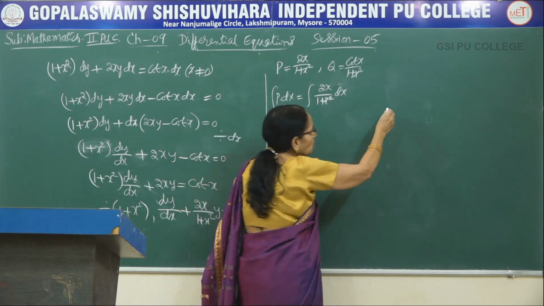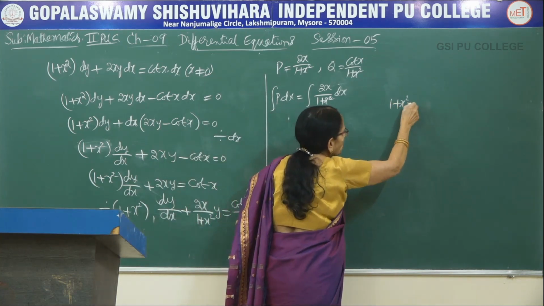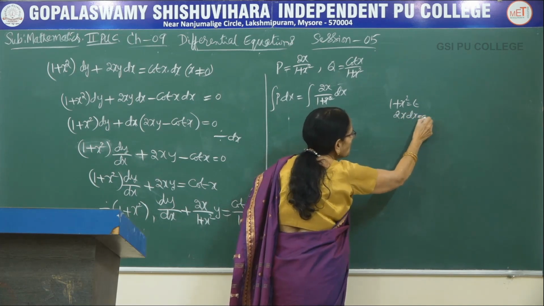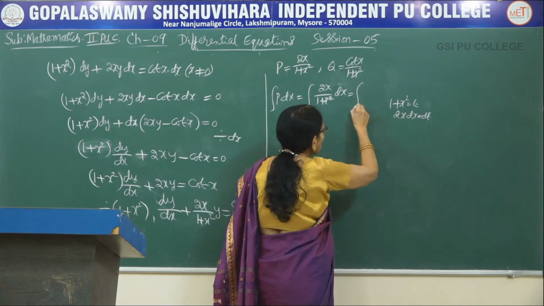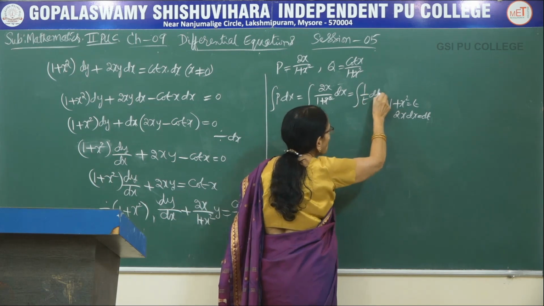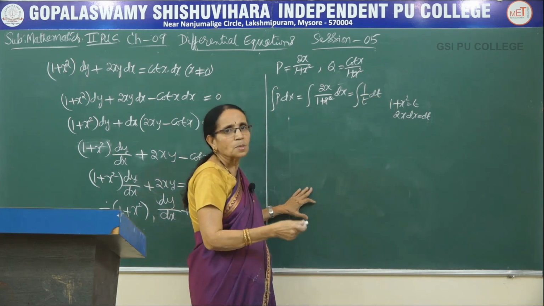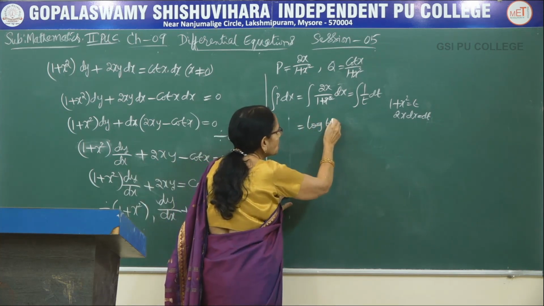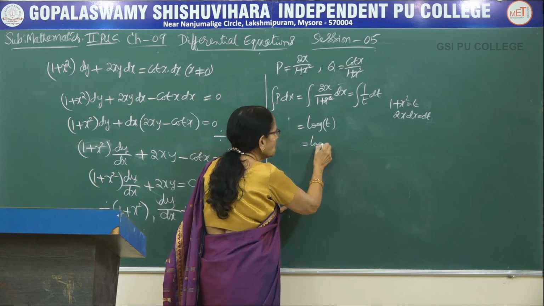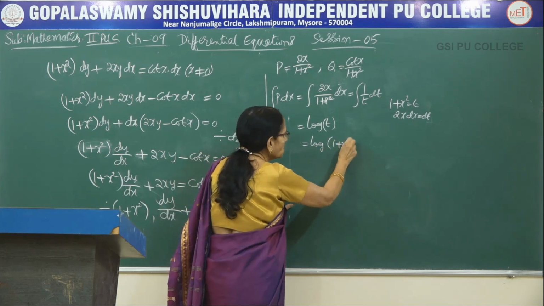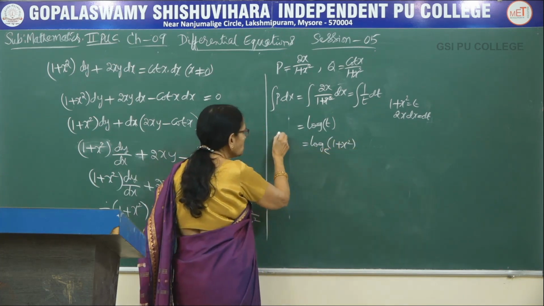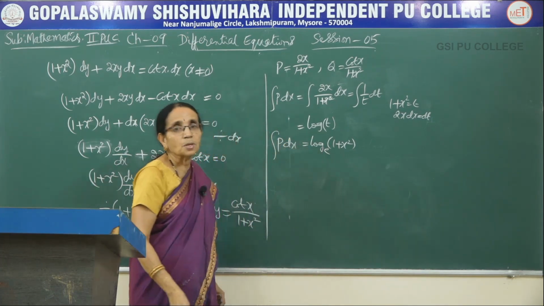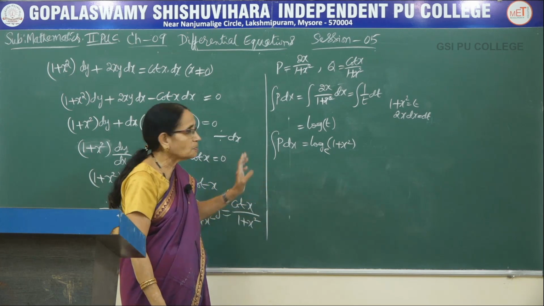That means, if you want, you can show that in the working column also. 1 plus x square equal to t means 2x dx would be equal to dt. Therefore, the function reduces to 1 by t into dt. Now again, it is a basic function, hence the integral becomes log of t. What is t here? It is log of 1 plus x square. So whenever you write a logarithmic function, write the base to be equal to e. Now this is the value of integral P dx.